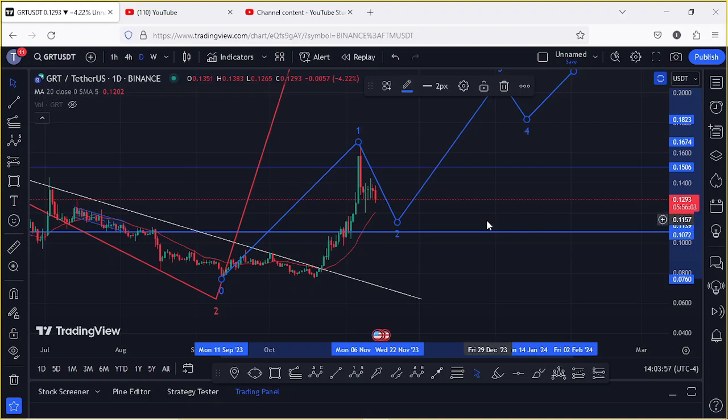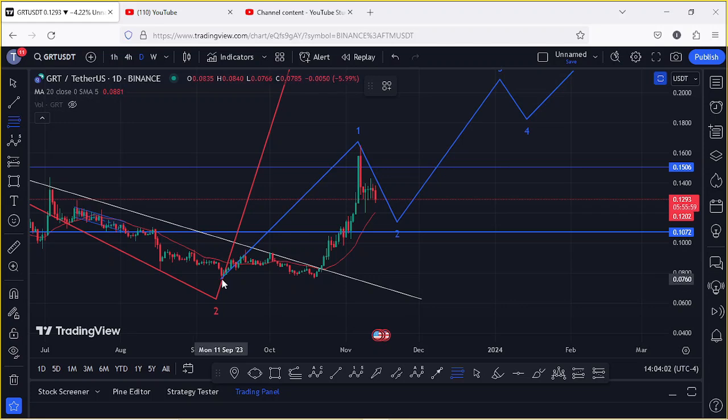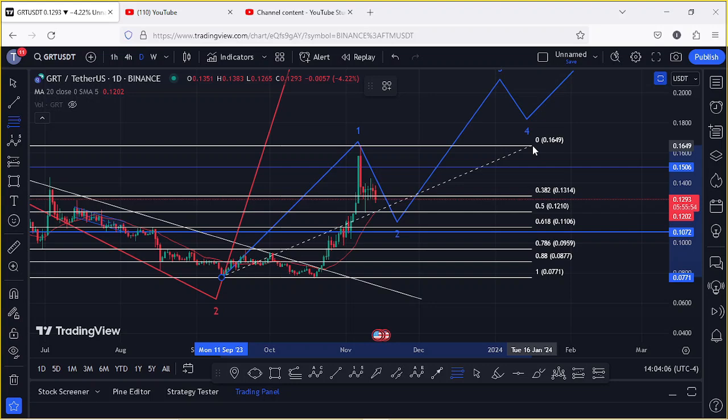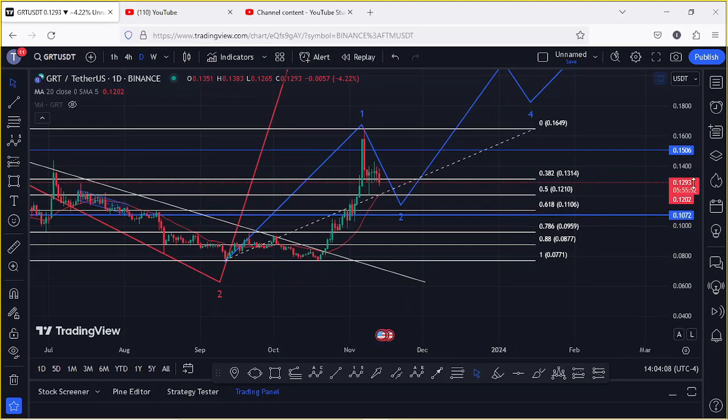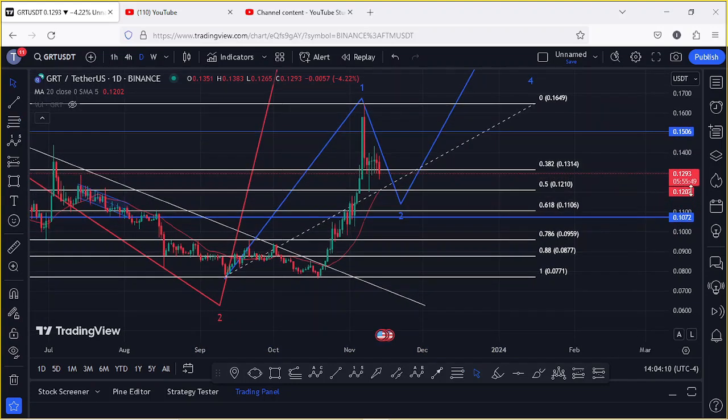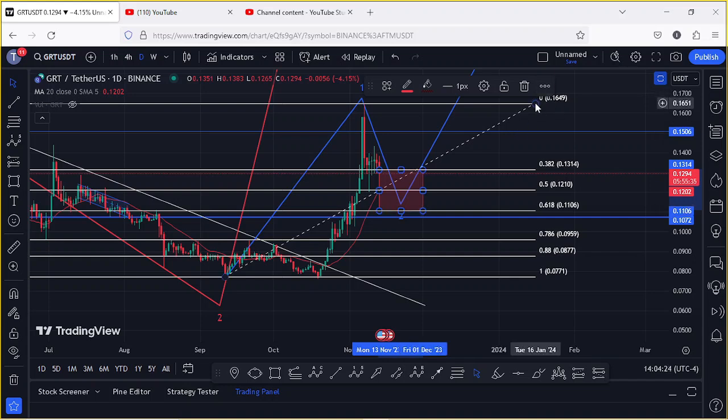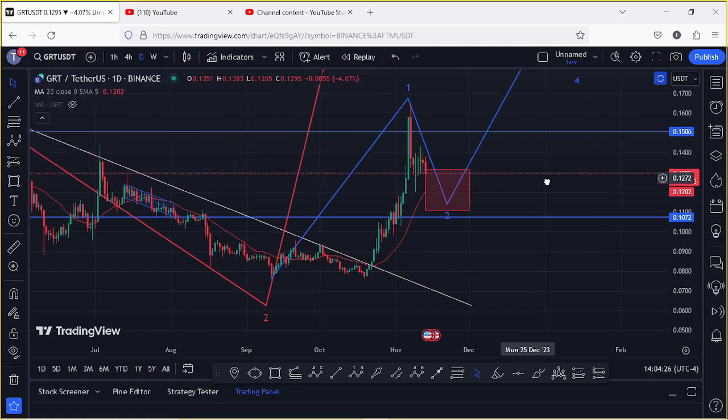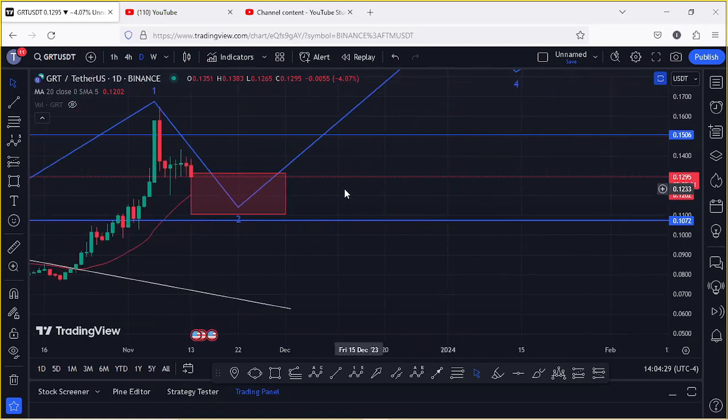The minimum target areas for the second wave can be given by connecting the Fibonacci from the low of the first wave to the high of that wave 1, giving me a minimum pullback target area between the Fib level 0.382 and the Fib level 0.618. That is the area between the $0.1314 mark and the $0.1106 mark.